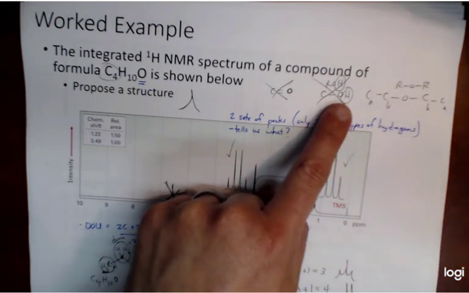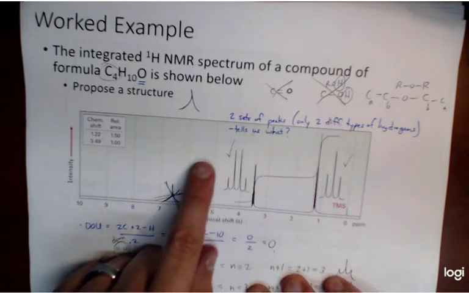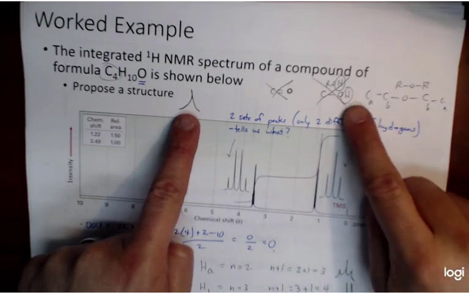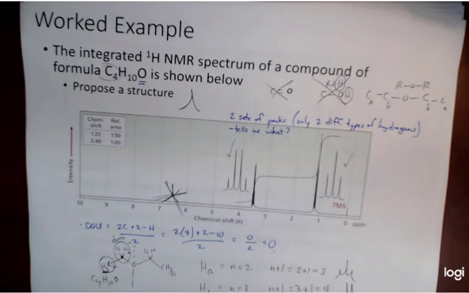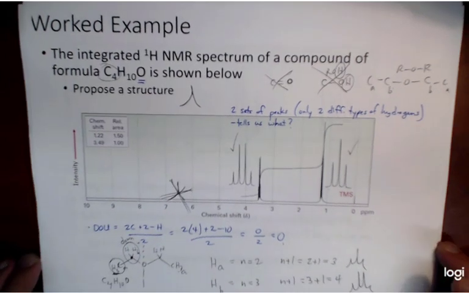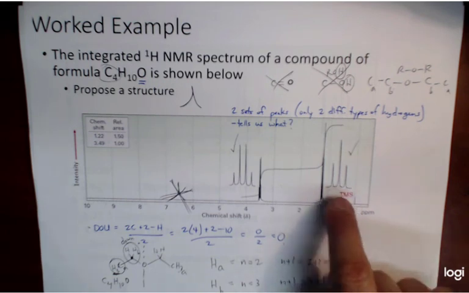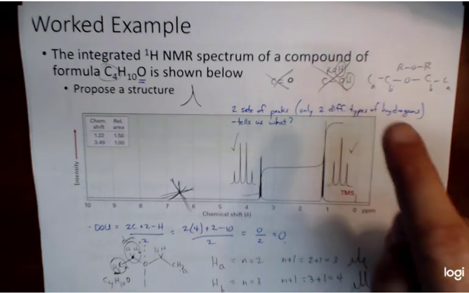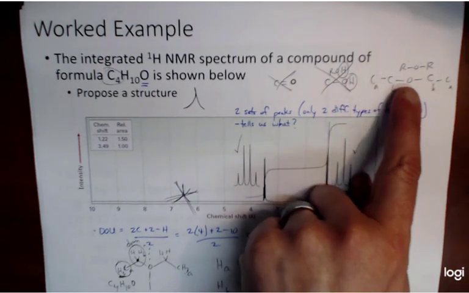We haven't talked about it yet, but based off the peaks, an OH is not going to happen, because the hydrogen on this oxygen would give us a very broad singlet peak, and we do not see that. We have a triplet and a quartet. So alcohol's out, and we're really looking at an ether, with C-O-C.